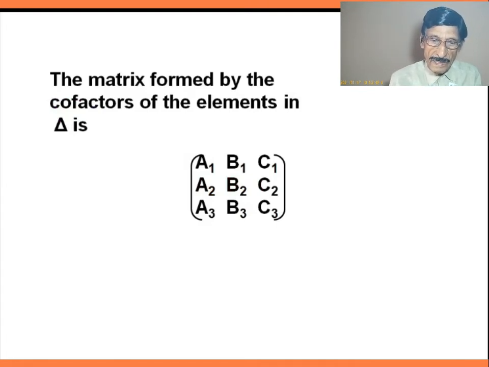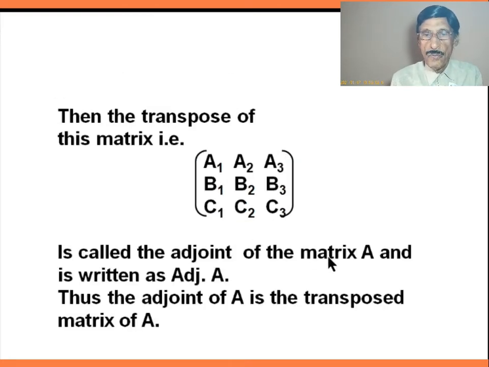Here the matrix has been converted into its transposed form. That means the rows have been converted into columns. This is called adjoint of the matrix A and is written as adj A. Thus, the adjoint of A is the transposed matrix of cofactors.